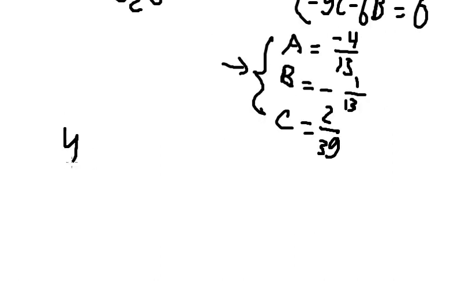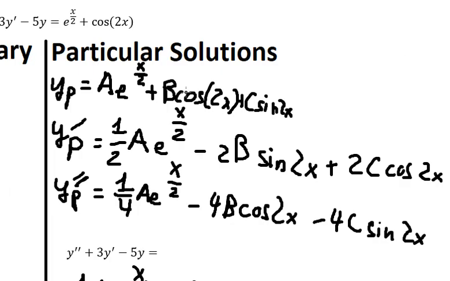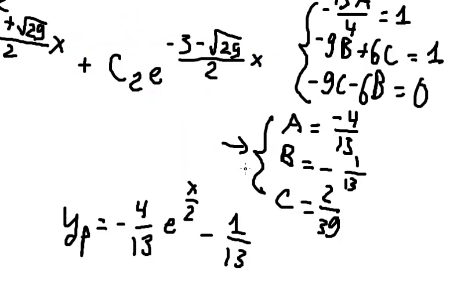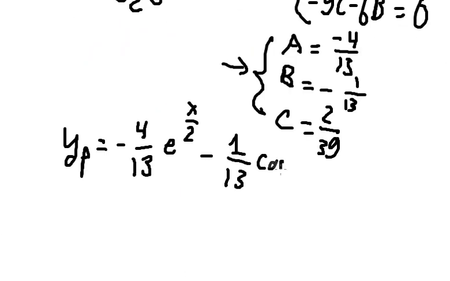So we can get yb, that is negative 4 over 13 e to the power of s over 2. The next one is negative 1 over 13 cosine 2s, and positive 2 over 39 sine 2s.